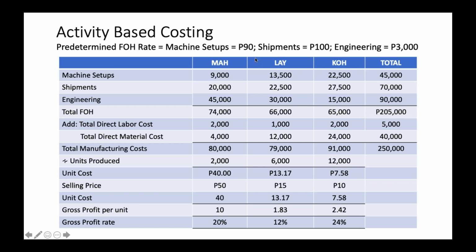So just keep in mind the overhead rate per activity. Machine setup is 90, shipment is 100, engineering is 3,000. So you will just simply multiply the FOH rate by the number of machine setups, shipments, and engineering change orders per product.